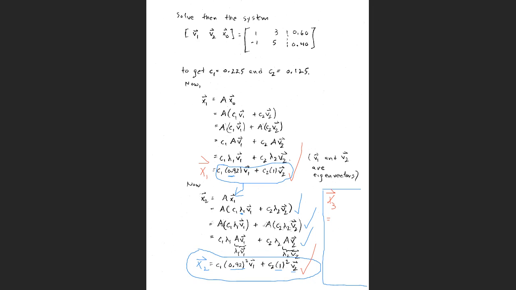So we would think x3 would also be some linear combination of the eigenvectors v1 and v2. And I have 4 blanks to fill in.